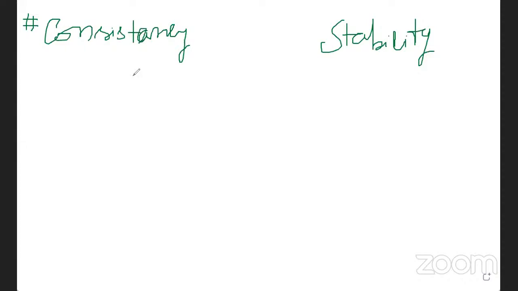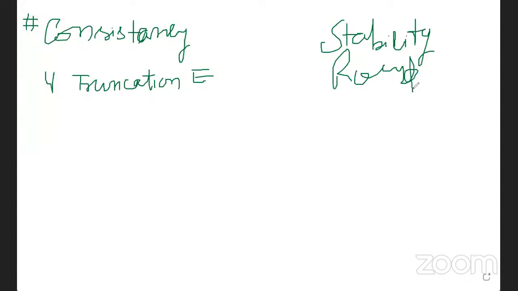I think all of you must be aware of truncation error and round off error.